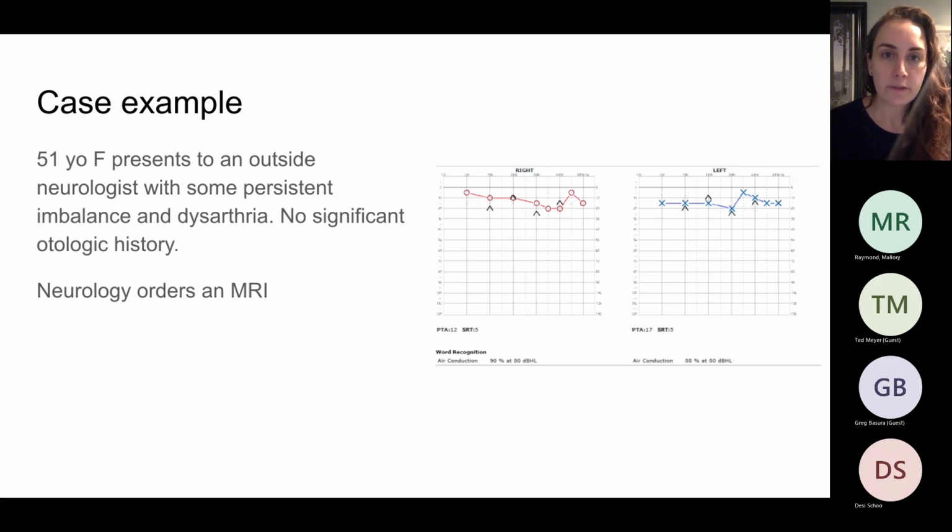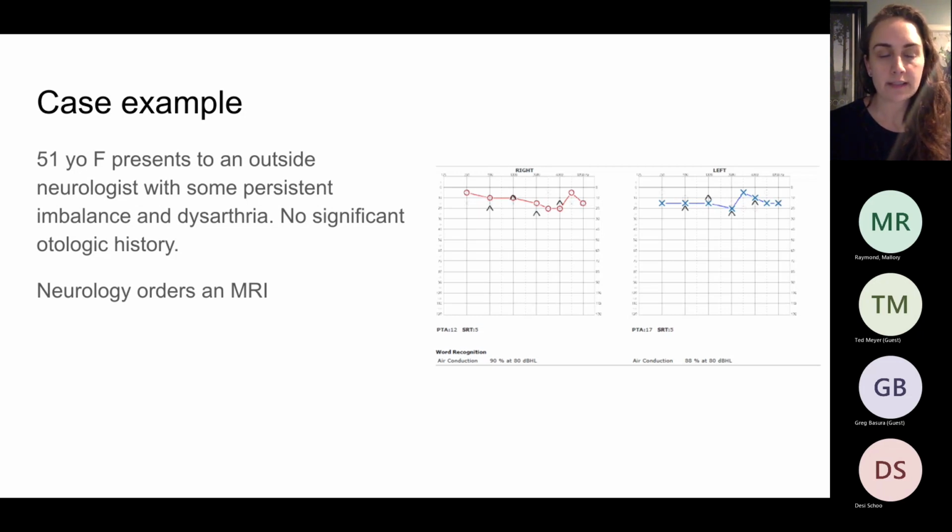So this was a 51-year-old patient who works in a factory downtown. She presented to an outside neurologist with some persistent imbalance symptoms, which were a little bit vague, but persistent for her. And then she noticed that she had occasional dysarthria. And those two together really brought her into the neurologist. She had no significant otologic history on presentation.